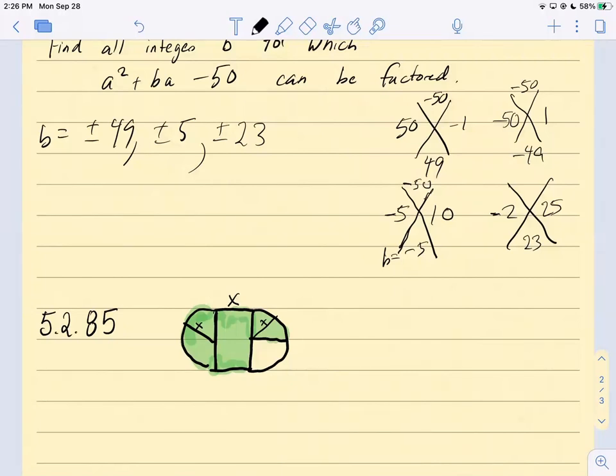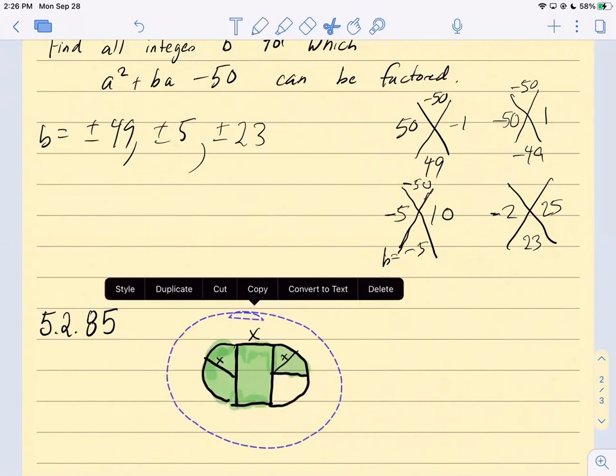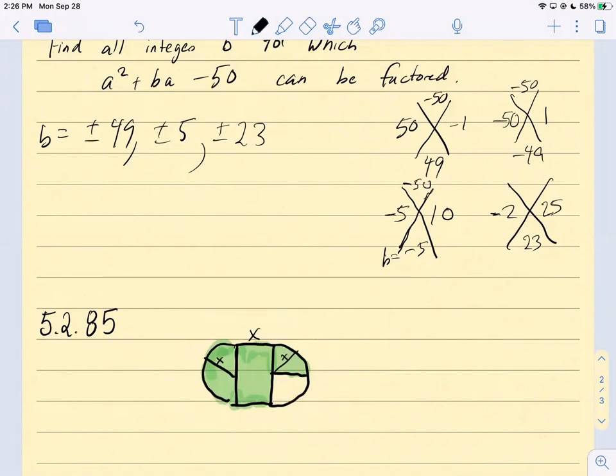The question is, can you express the area as some sort of algebraic expression, so as a polynomial? So express the area as a polynomial.